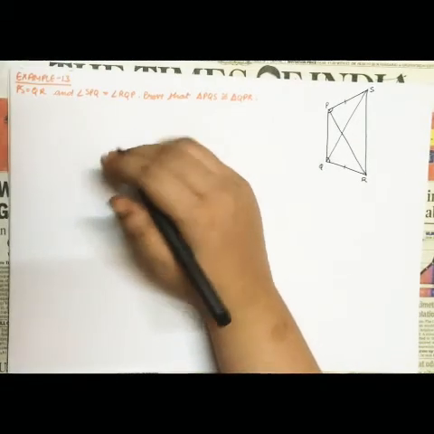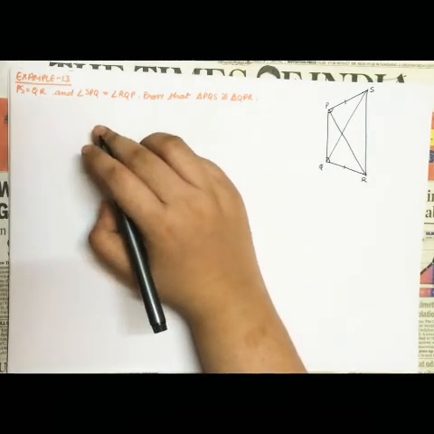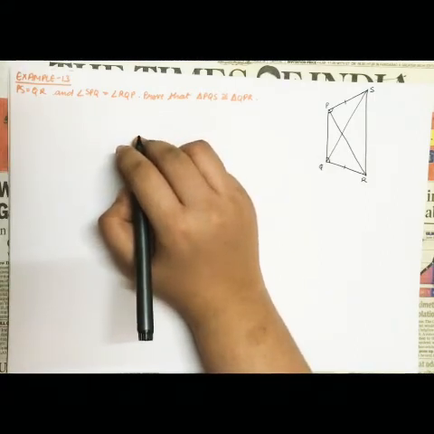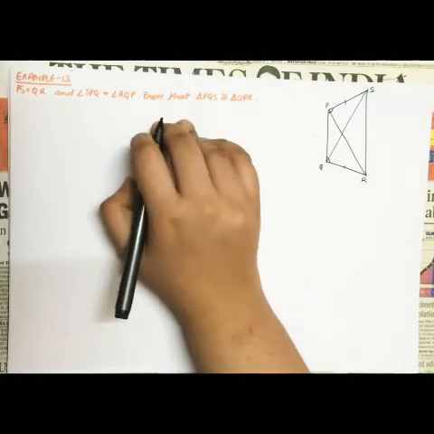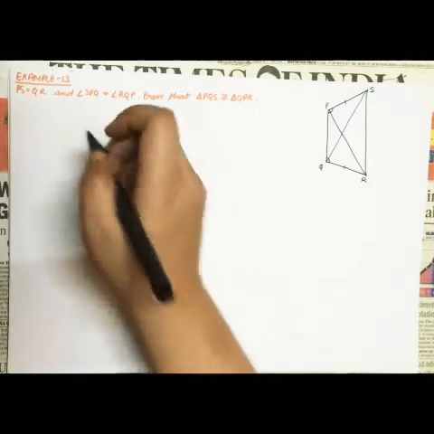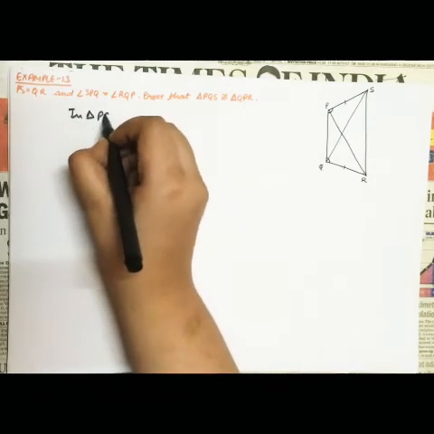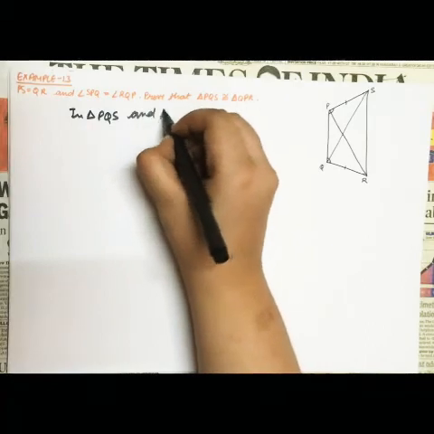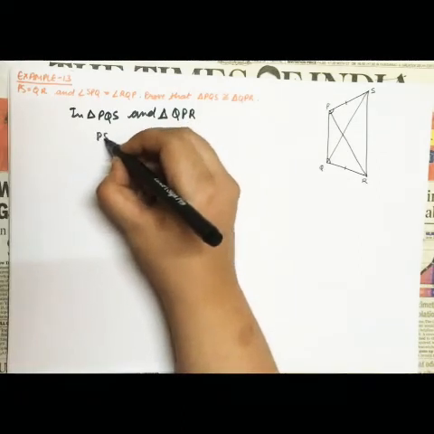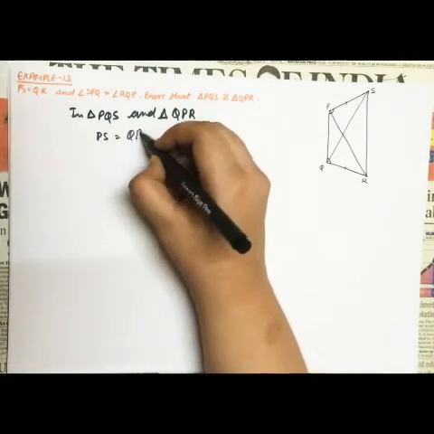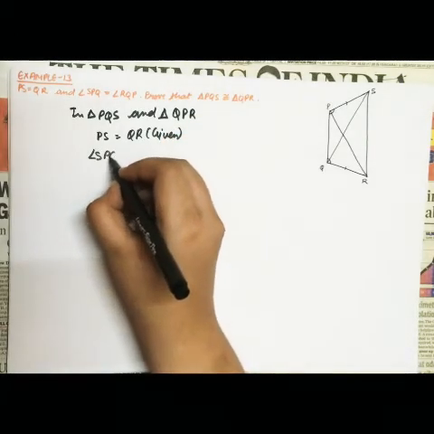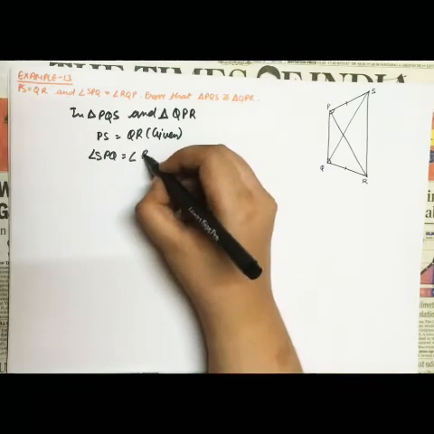Now example number 13. In this, PS is equal to QR and angle SPQ is equal to angle RQP. We have to prove that triangle PQS is congruent to triangle QPR. So in this we will start with, in triangle PQS and triangle QPR, PS is equal to QR, given, and angle SPQ is equal to angle RQP.